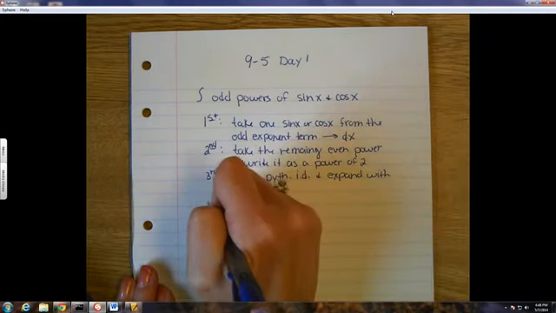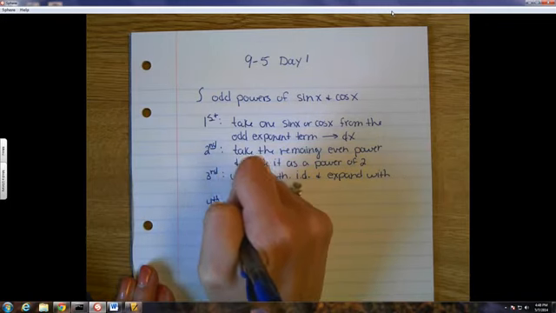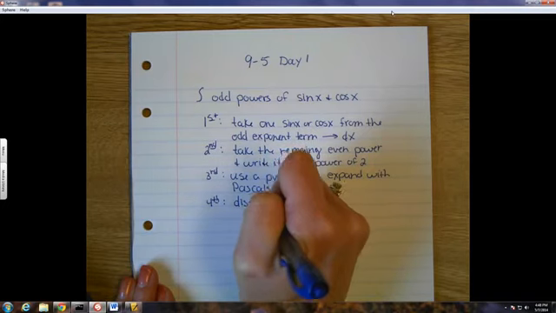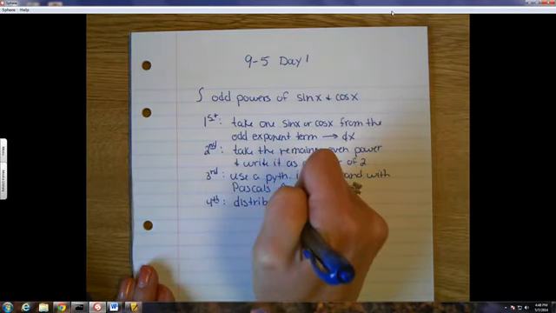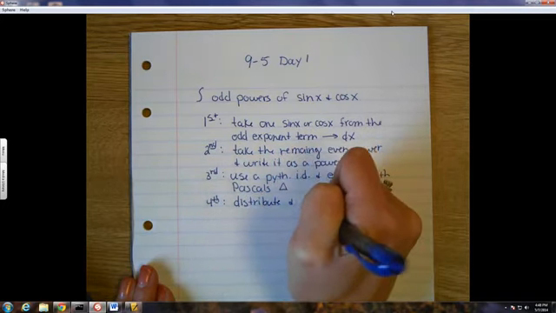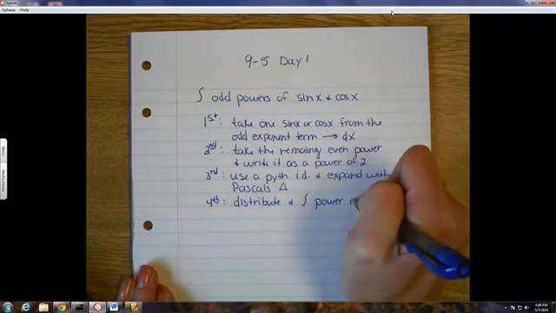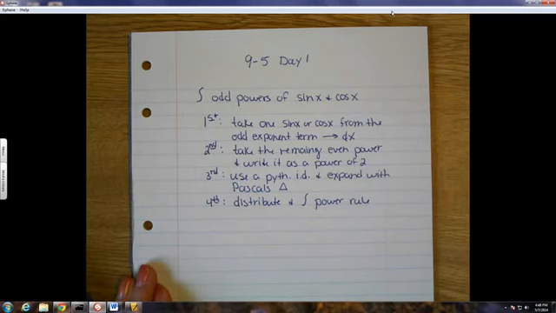Then the last step is to distribute and integrate with your power rule. I know it sounds like a lot, but it's actually not bad. It's a little bit better than the reduction formulas, I think.